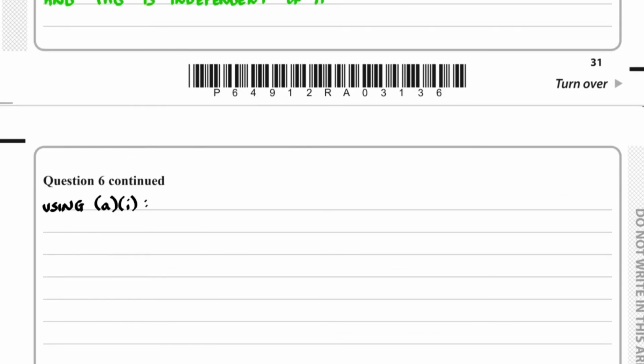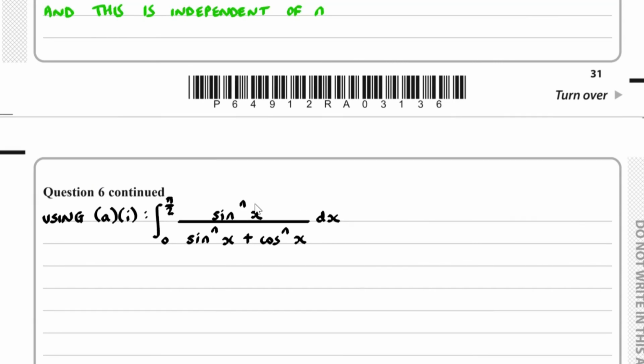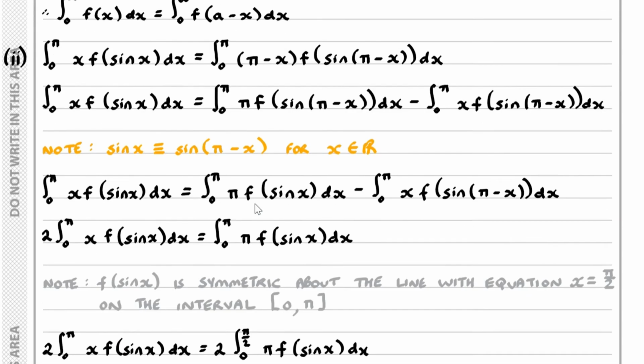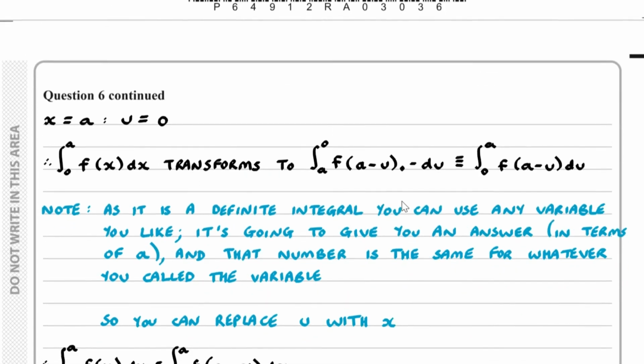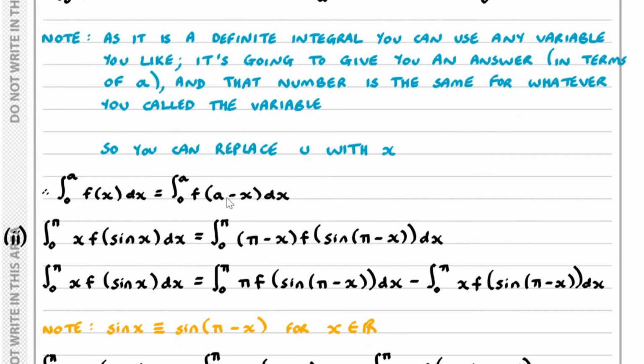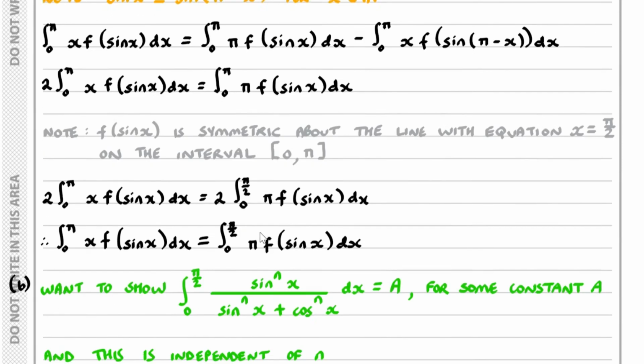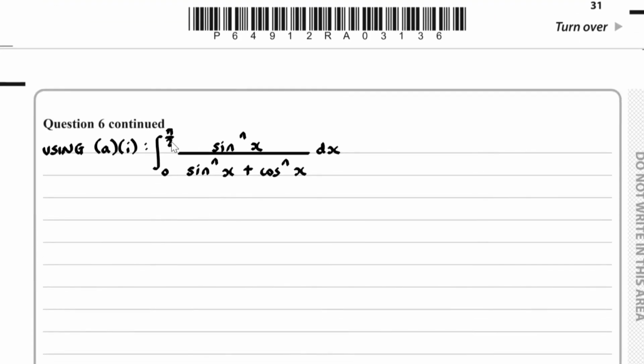Now, if we use the result from part A, in this integral we can replace the x, using what we found from the first part of part A, with a minus x, where over here a is equal to pi over 2.